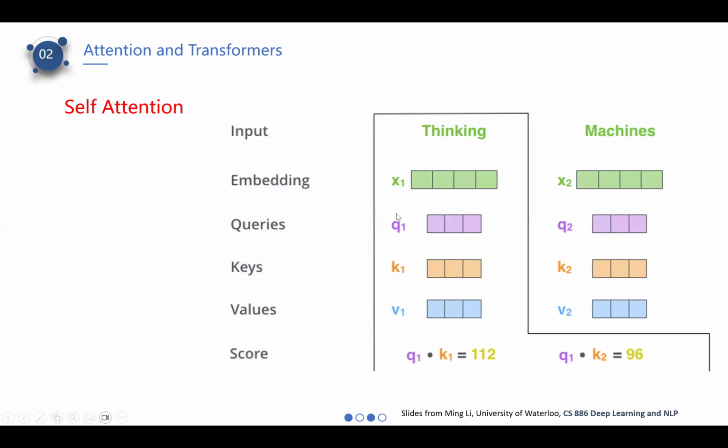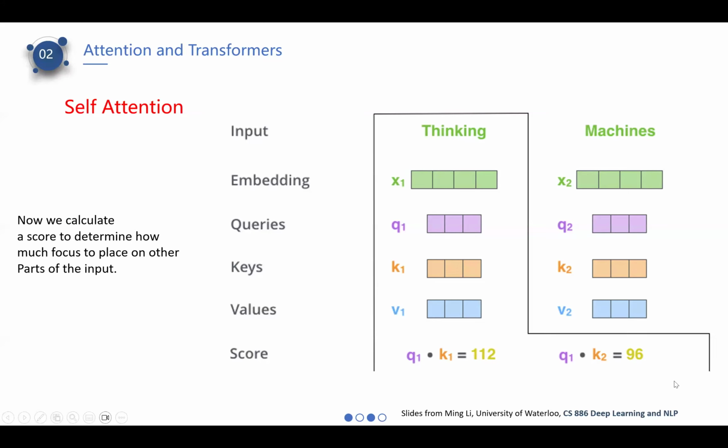So from X1 we get Q1, K1, V1, and we multiply Q1 and K1, and suppose we get the number 112. For the other one, we get 96.